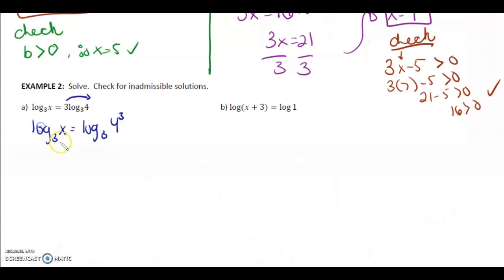When we have both of these as log base 3, you can't have that coefficient there, you have to bring it up. Okay, what we can do is cancel those and equate the arguments. So we have x equals 4 to the exponent 3. Okay, and 4 to the exponent 3 is just 64.